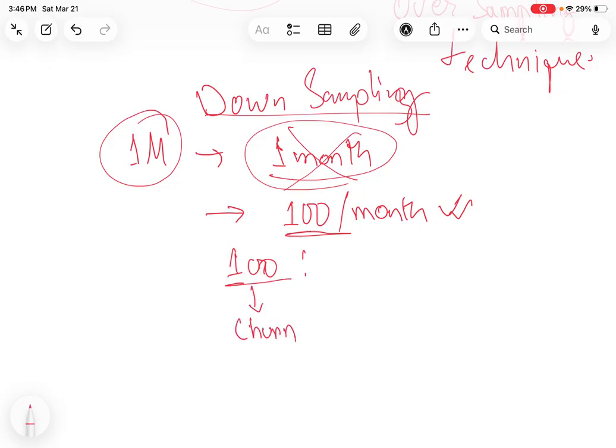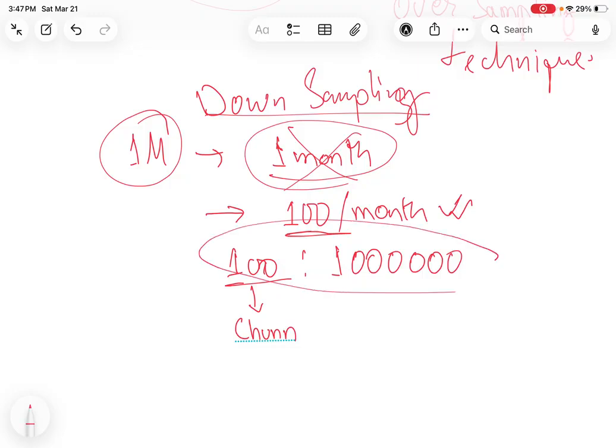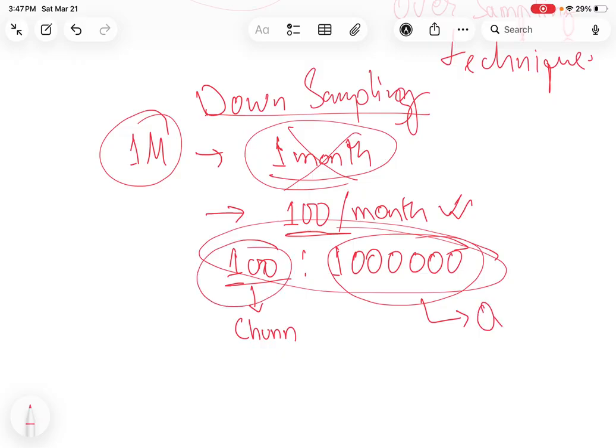CHURN, and then you have 1 million, so which is 6, right? So this is your ratio, right? If you put it in a model, obviously, if you know data science models, this side will have more influence versus that side. So what will happen? It can be overfitted.